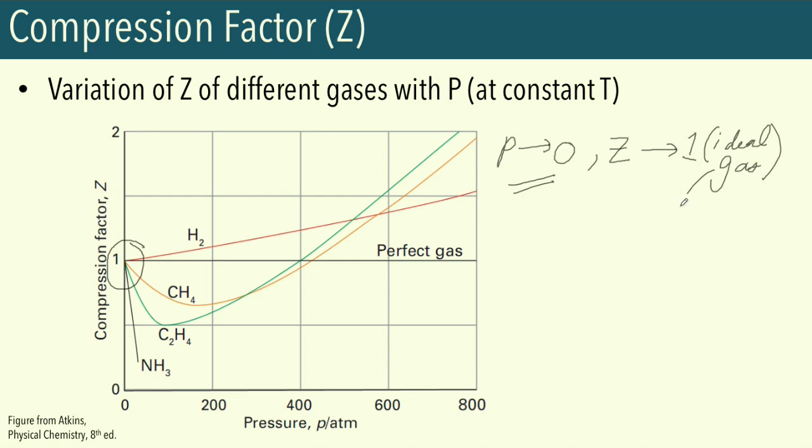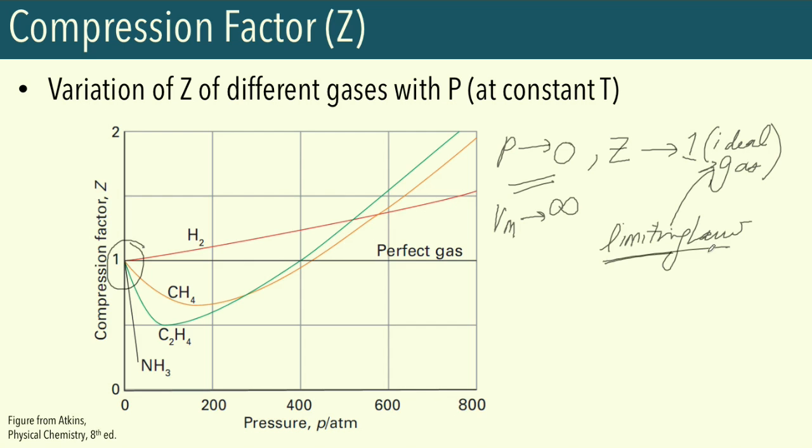That's why we call the ideal gas equation of state a so-called limiting law. At the extreme cases, at a pressure approaching 0, or we could also look at this as a molar volume approaching infinity, all gases at all temperatures always approach ideal gas behavior.